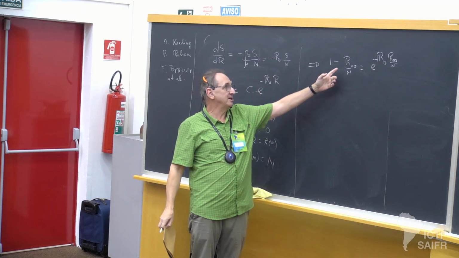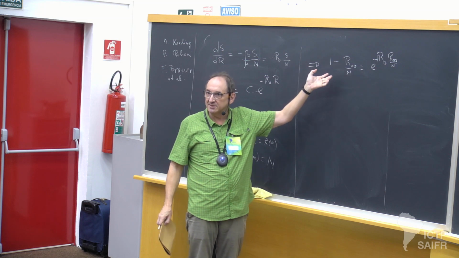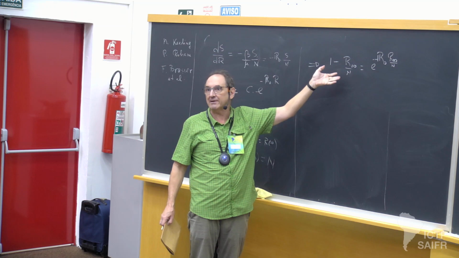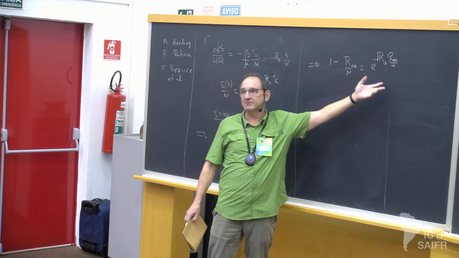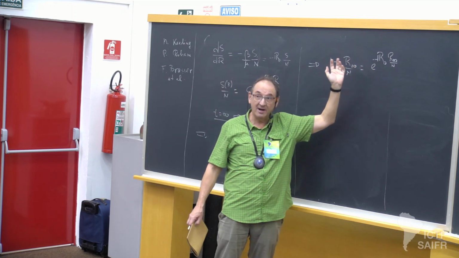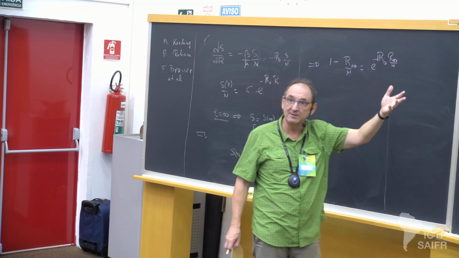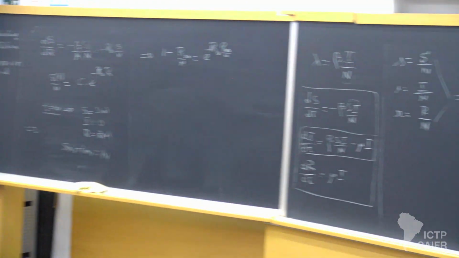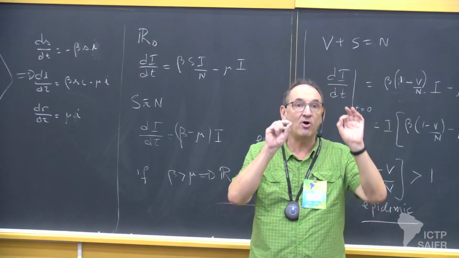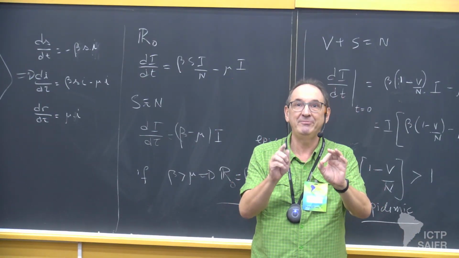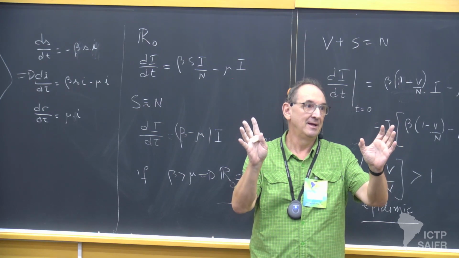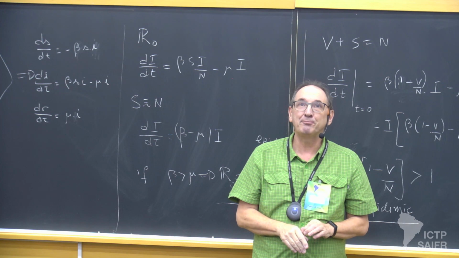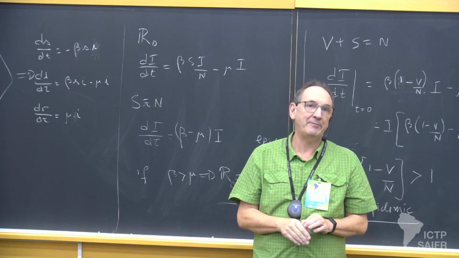It's an equation, but not a differential equation. It is a transcendental equation that you can solve numerically or graphically for R infinity, the total size of the epidemic. Therefore, the total size of the epidemic in this model depends only on R naught, nothing else. This is one of the things that are important about R naught.